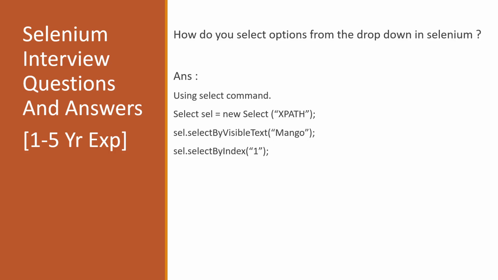If it is the second option, then you have to give index of 1, because you know indexing always starts from 0. Okay, so if you want to select any option from the drop down, you should use the select command, and inside select you will get all the inbuilt methods. Select by visible text, select by index. By using those commands you can easily select the option from the drop down.